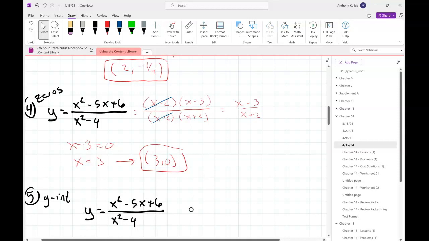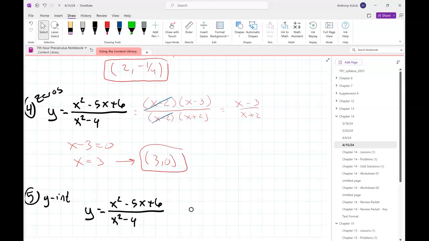So again, quick little review here to summarize. Domain, denominator set equal to 0. It's been the same function the whole time. That's okay.